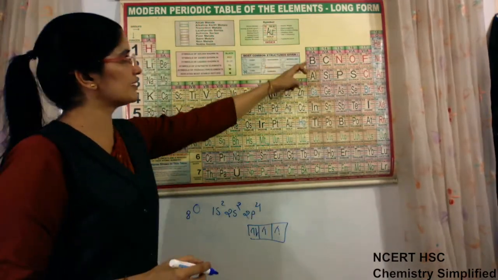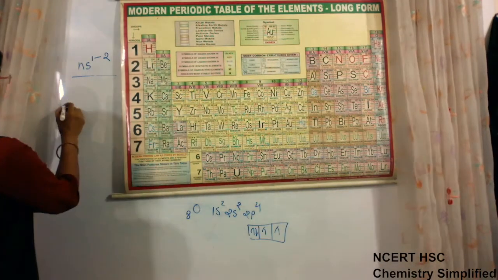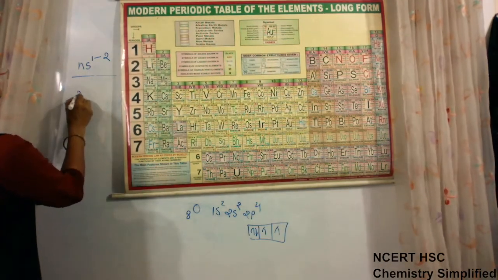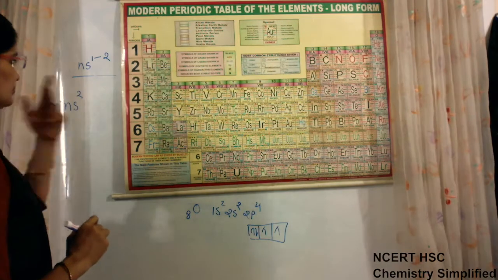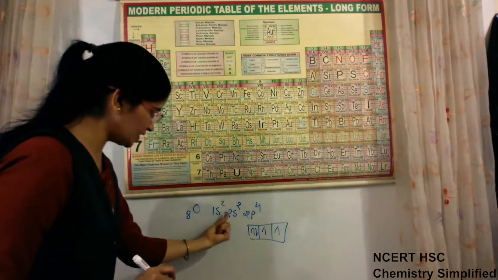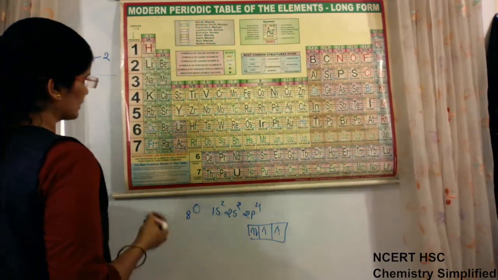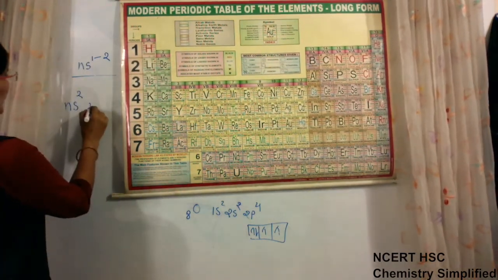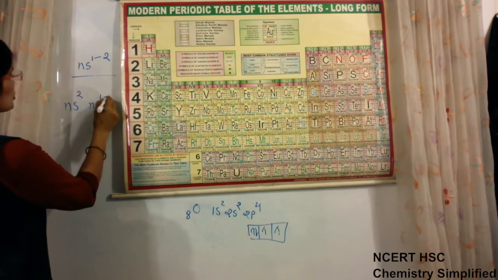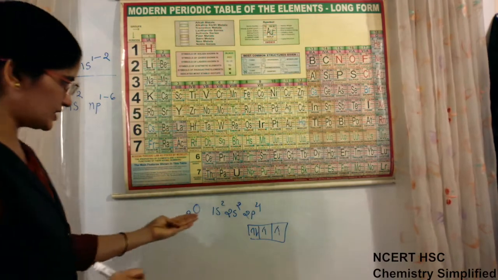That means we can write that the outer electronic configuration of P block elements is ns2. Okay. From here if we start, you are seeing that 2s2 is written. Already 2s2 is written. Then ns2, np1 to 6. From 1 to 6 it may be present.